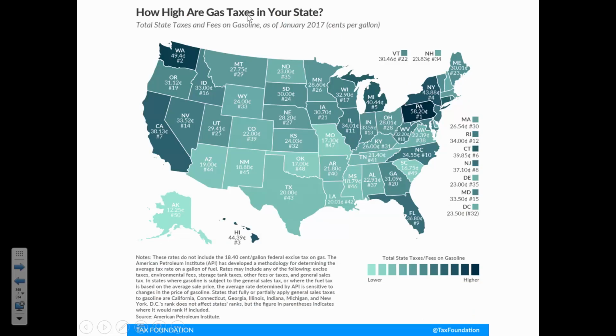A gasoline tax is a category of an excise tax. An excise tax is something that's applied just to a specific item rather than to an entire category. So a sales tax is kind of a general tax, but an excise tax is usually one item at a time, and they're applied because you want to collect a separate pool of revenue, and that's the case in gas taxes.